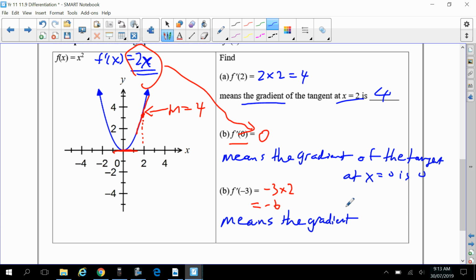You should write it in a sentence you remember. The tangent at x equal to negative 3 is negative 6. That's all that is. If I measure the gradient at negative 3, it gets very steep. It gets negative 6. Get the idea?